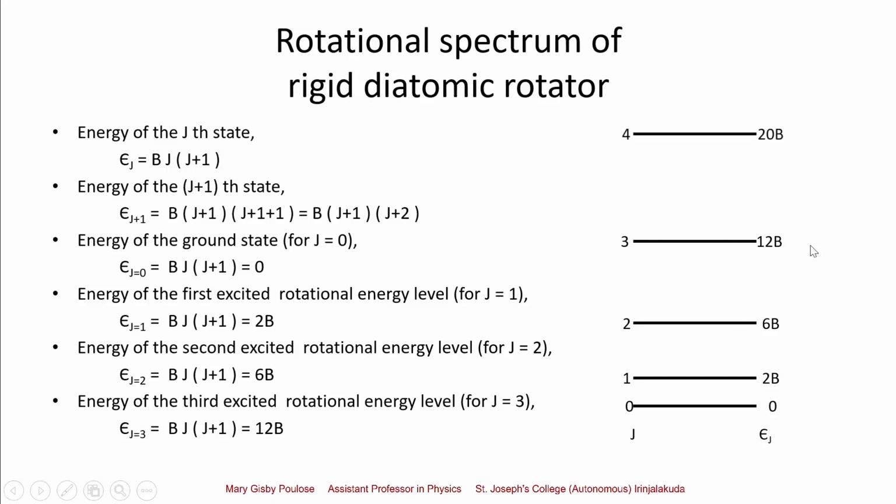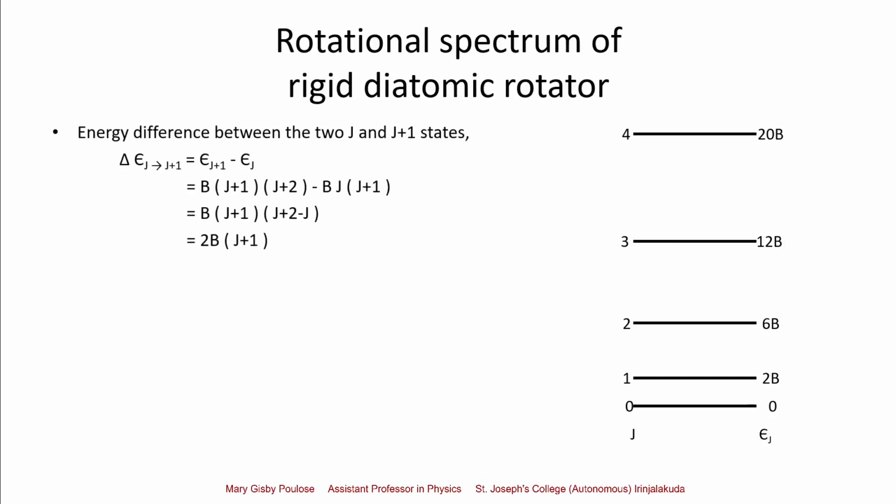Now for the fourth excited rotational energy level, for J equals 4, we get eta J as 20B, and it will be located as such. So by calculating the energies of the different energy levels, we have got the energy level diagram for the rigid diatomic rotator. Now let us look into the different transitions.